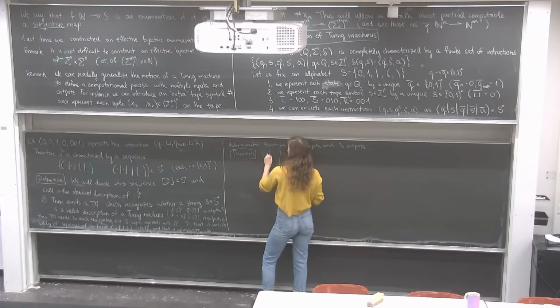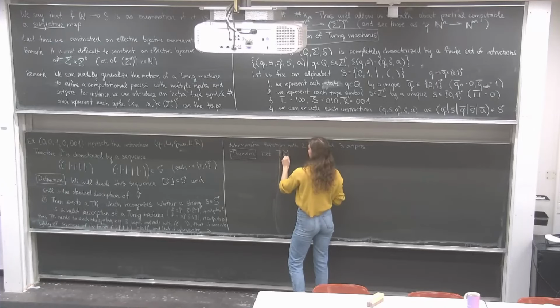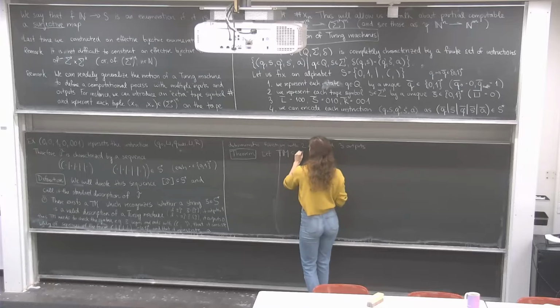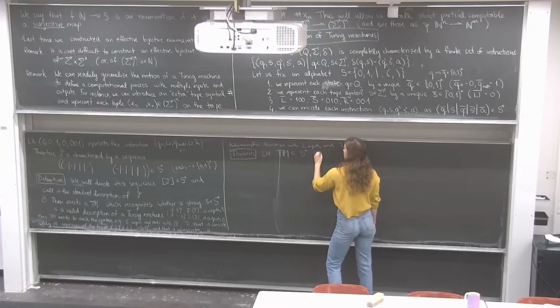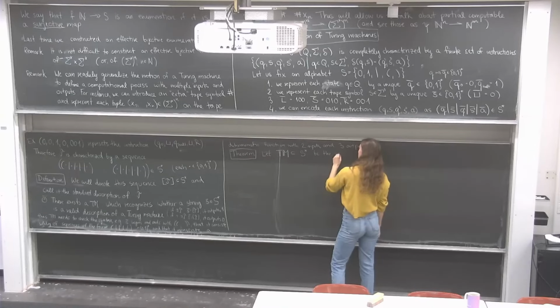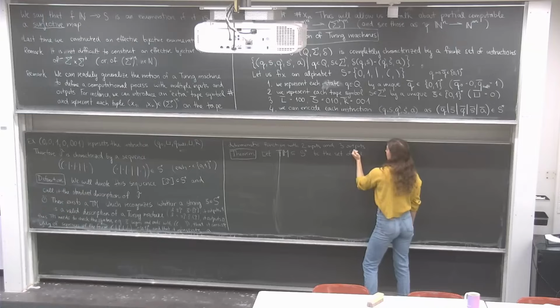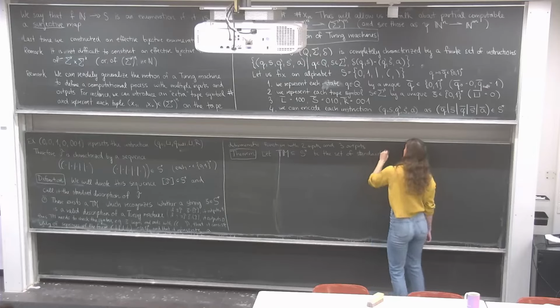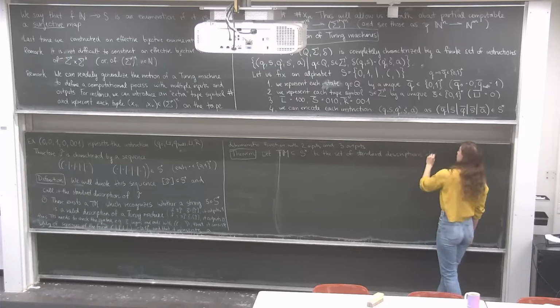Let TM, which is a subset of S star, be the set of all standard descriptions of all Turing machines.